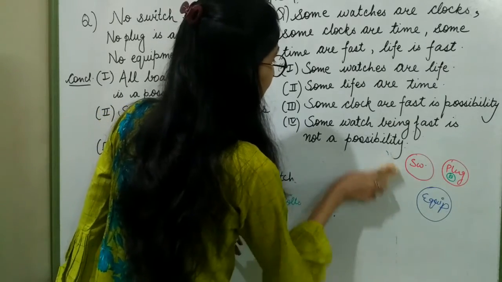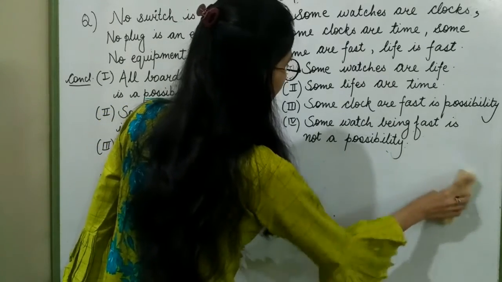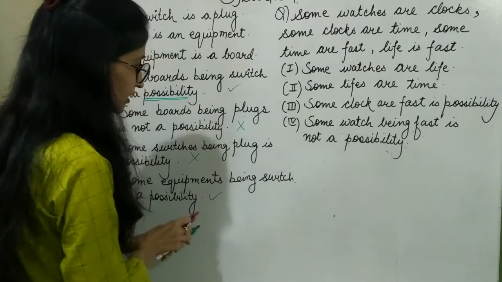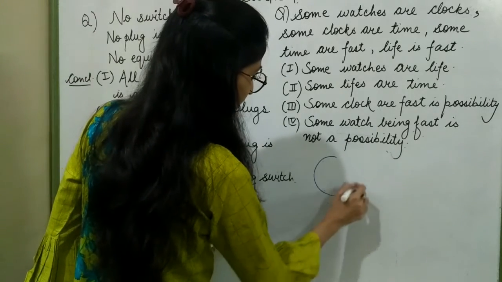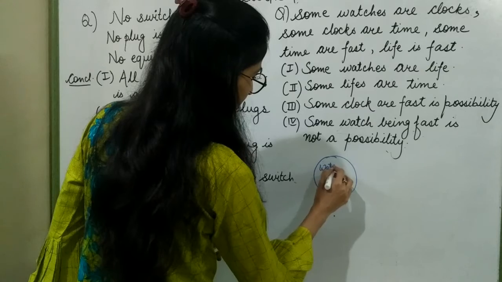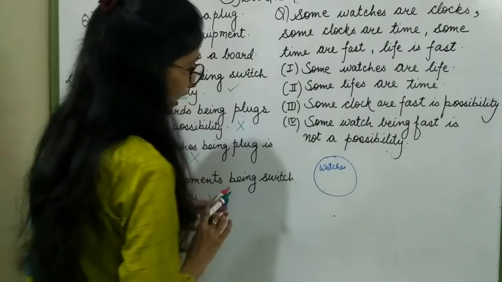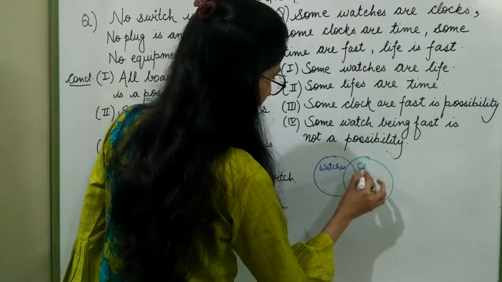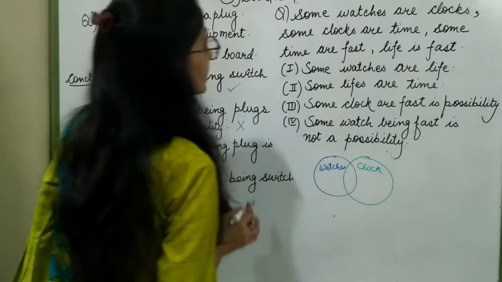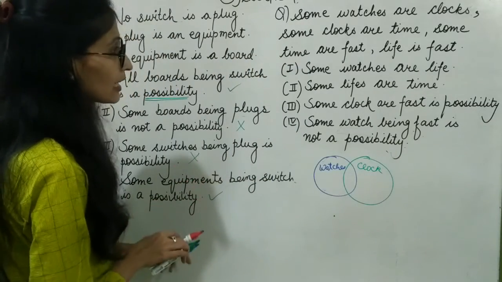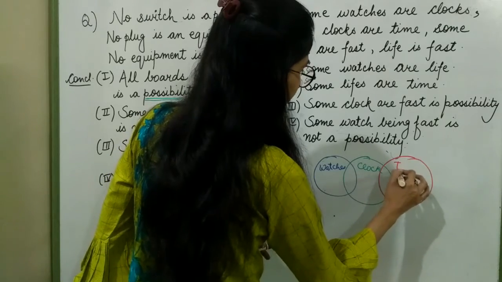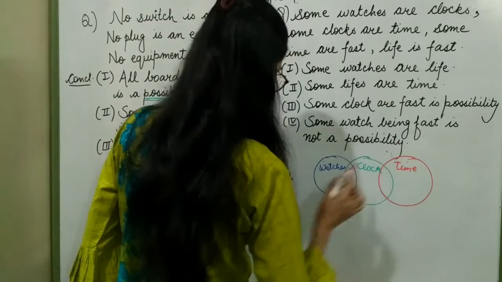Next question is, some watches are clocks. Here the word some is there. Next, some clocks are time.